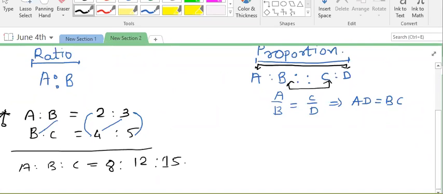So is it clear? Is the shortcut clear? Students, please give me some response. Type in chat box. Students, please type in chat box. Is it clear or not?